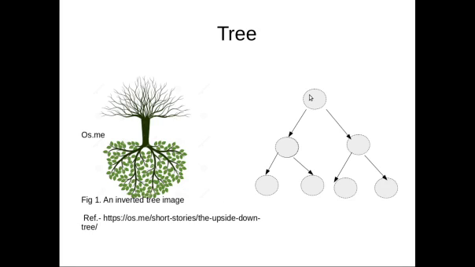Similarly, in the tree data structure, the first node we call the root node, and you can see the root node doesn't have any parent node. Let us see its child nodes. There are two arrows you can see, left side and right side, and they are links.